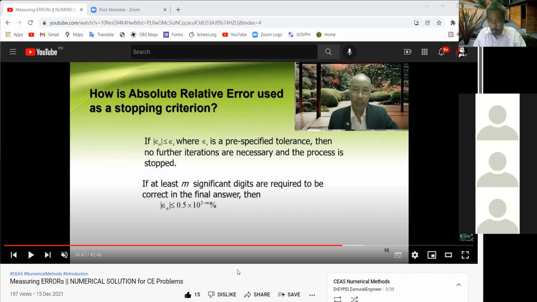If we say 2 significant digits, then the stopping criterion will stop at that. Since the mathematical operation will stop, it will tell us at how many significant digits we will have the 100% sure answer. So that is the definition of stopping criterion.